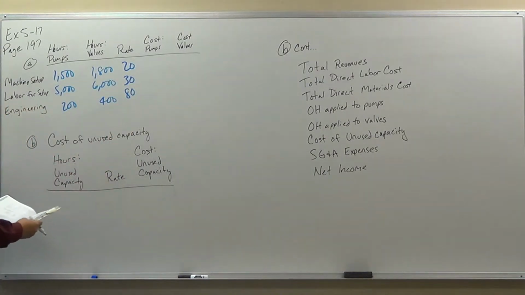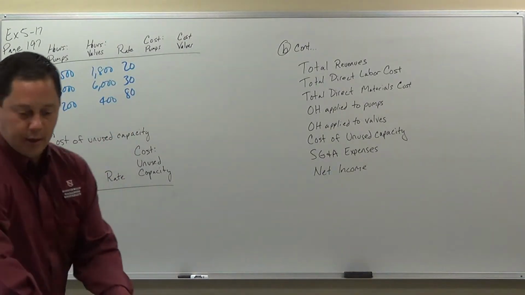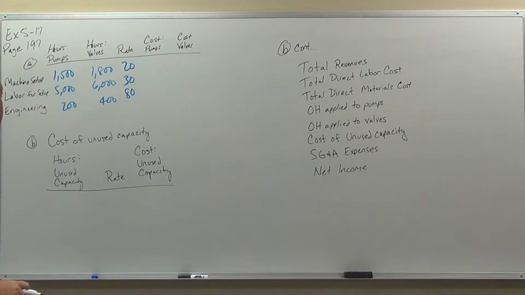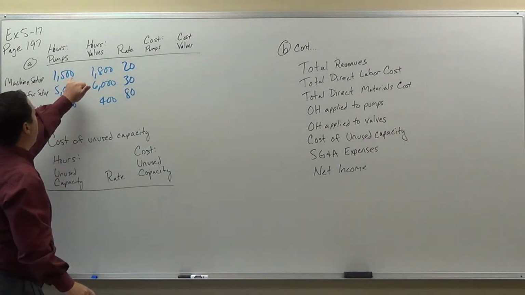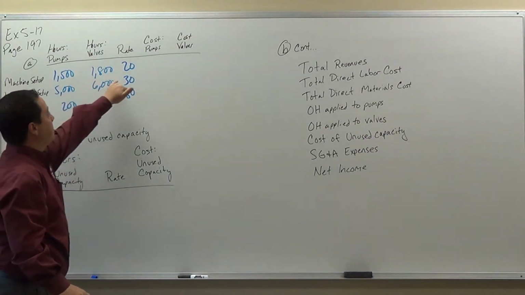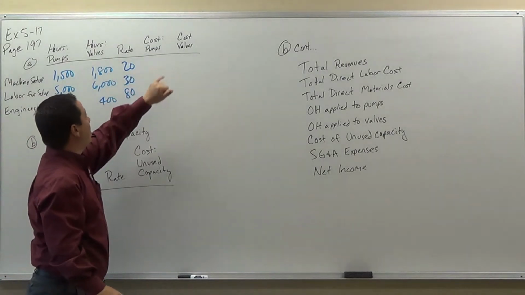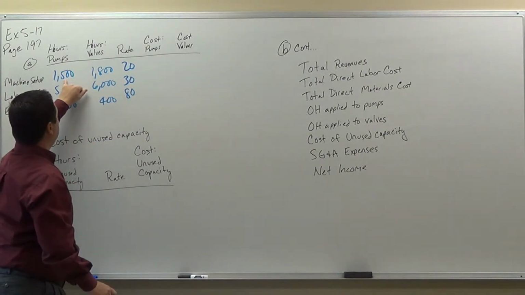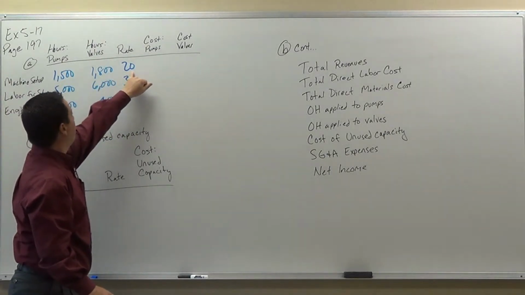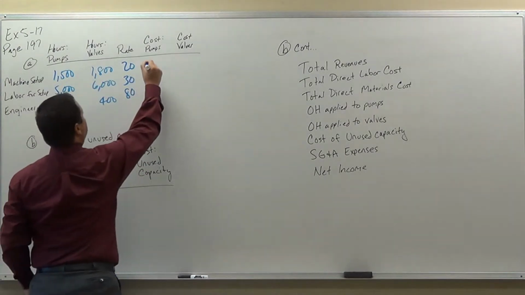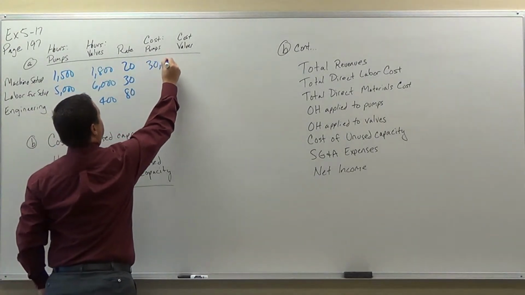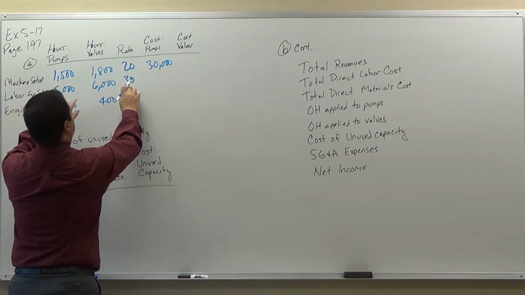All right. So now how do I figure out the cost of my pumps? Well, I basically do this. I take my hours of pumps times my rate, and that will give me my cost. So I will take the 1,500 times the 20, and that will give me 30,000. Then I will do this one for this one here.